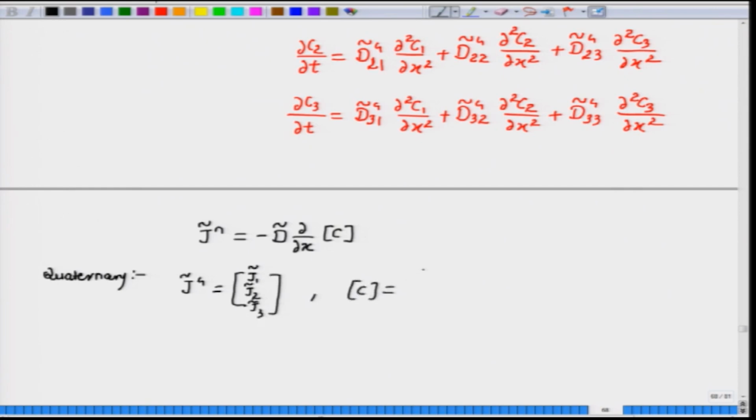C is a column matrix of 3 independent concentrations, C1, C2, C3, and D tilde is a square matrix.